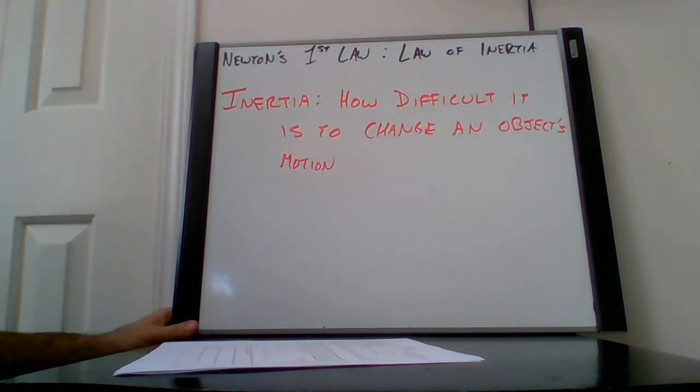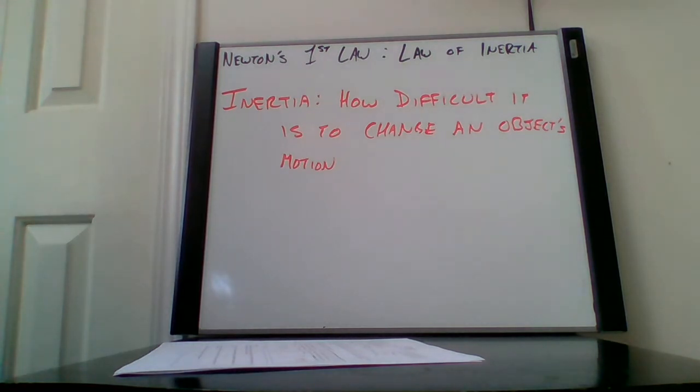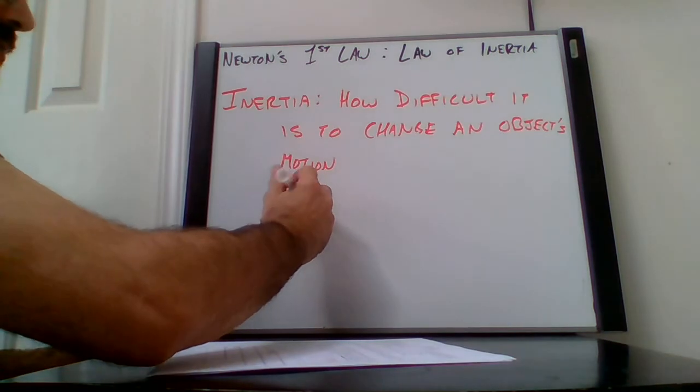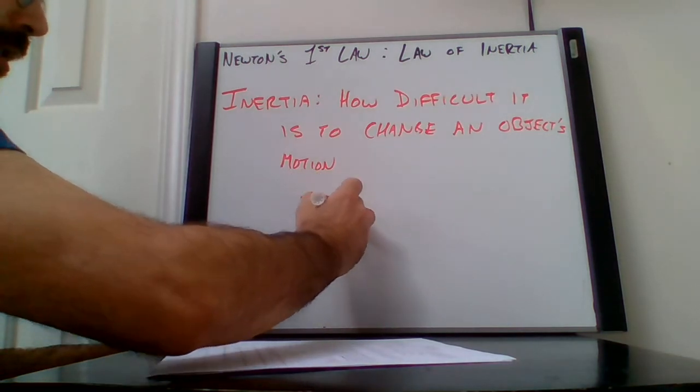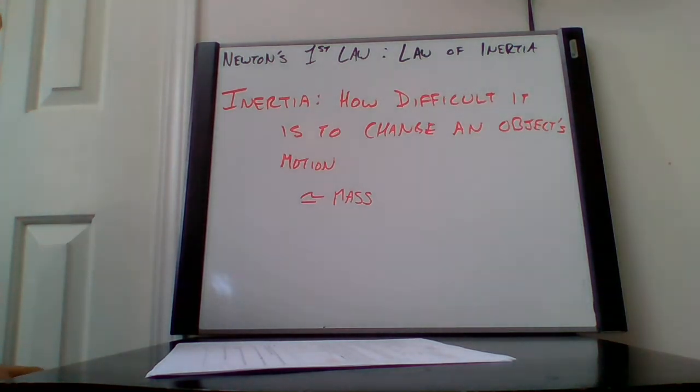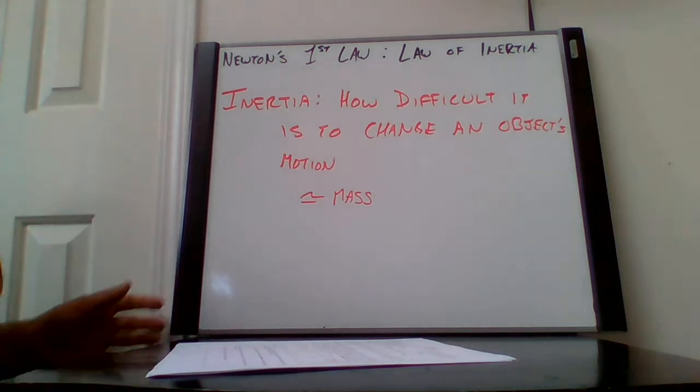Okay, so the law of inertia is just how difficult it is to change an object's motion, and this is related or proportional to the mass of that object. Okay, so how difficult it is to change an object's motion.